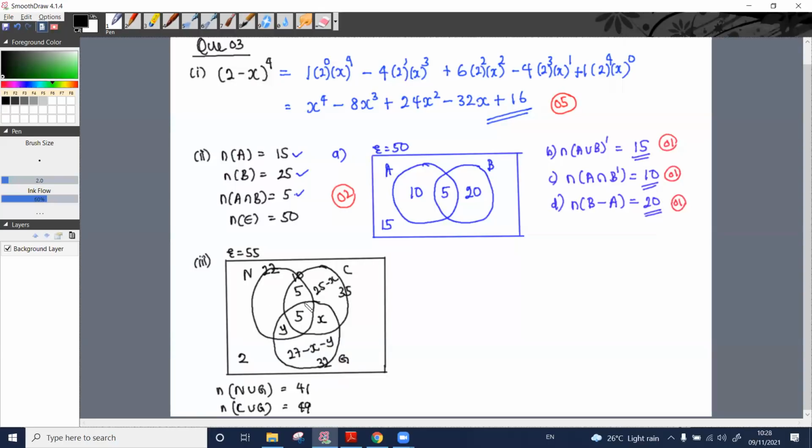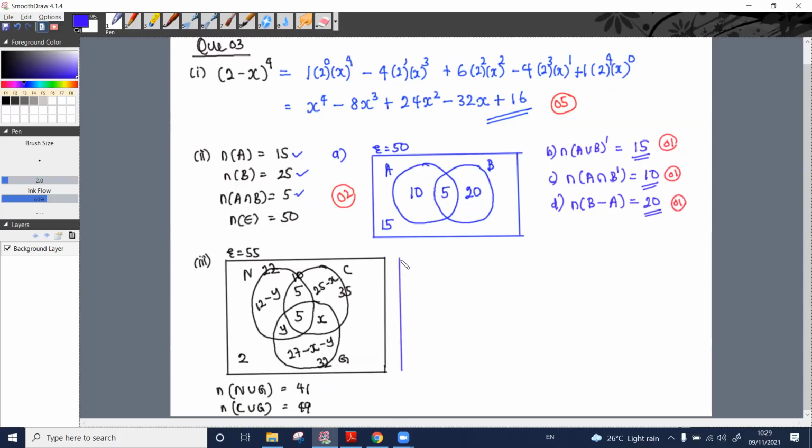From 22 we need to exclude these 10. So it is 12. 12 minus 5. Then how it should be? And then how it should be. I will have the final one also here.